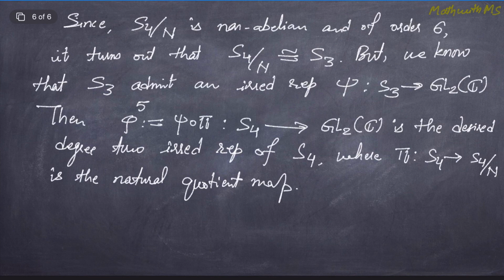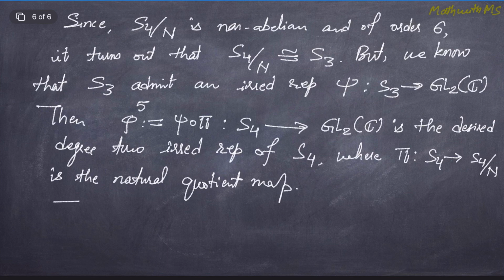So therefore phi is an irreducible representation of S4. Certainly phi is of degree 2 and therefore inequivalent to any of the earlier irreducible representations of S4.